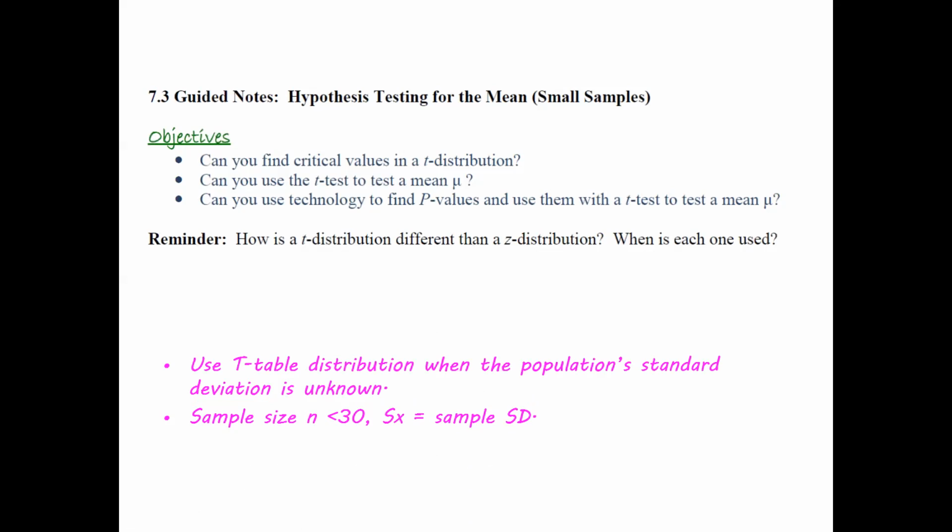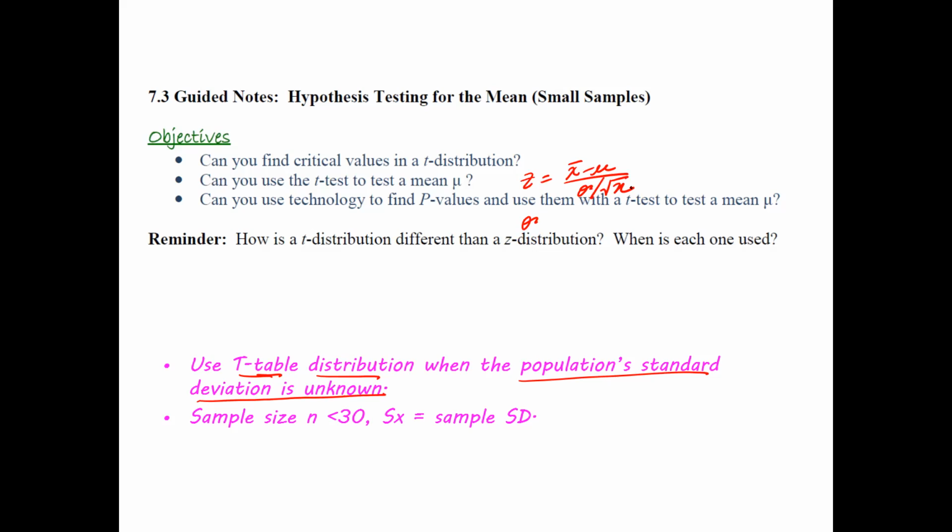All right, so let's go ahead and talk about this for a little bit. How is a t distribution different than a z distribution? When is each one used? Just keep in mind that a t distribution, you use it when the population standard deviation is unknown. Like when we did the z distribution, we had z equals x bar minus the mean over standard deviation divided by the square root of the sample size.